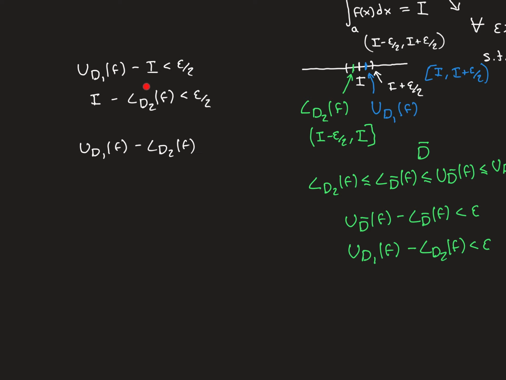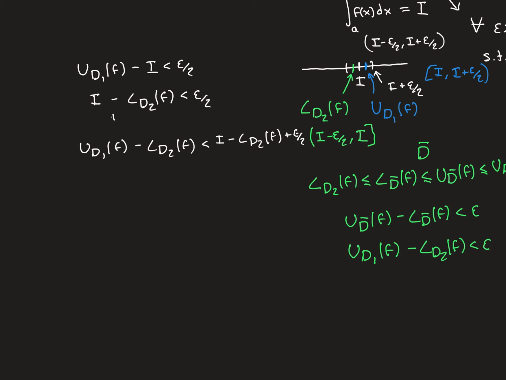I'm taking this bit here and I'm adding that onto both sides, which by the ordered field properties of the real numbers I'm allowed to do. It will preserve the inequality. So I'm going to get that that is going to be less than I minus the lower Riemann sum over D2 of F plus epsilon over 2. So I've added that bit on to both sides of the inequality and got this. And now what I can do is take this inequality and add epsilon over 2 onto both sides.